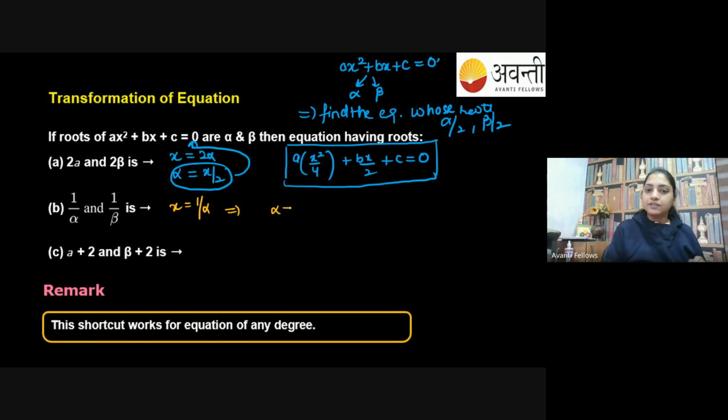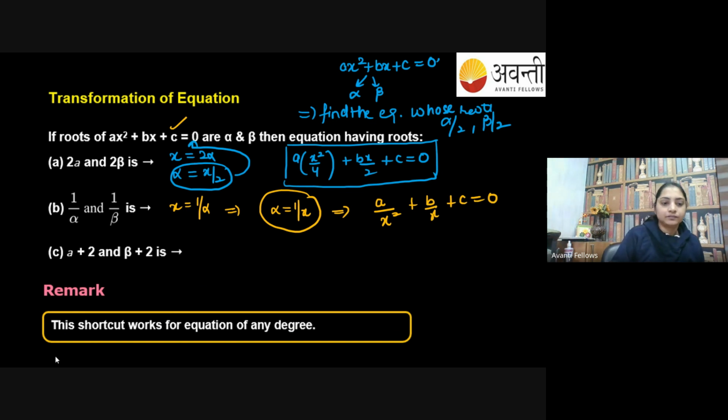It means alpha is equal to 1 upon x. And everyone knows that alpha is a root and alpha will satisfy this equation. So this equation will be a upon x square plus b upon x plus c is equal to 0. Right, everyone?